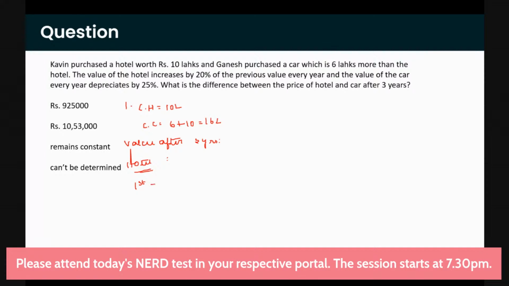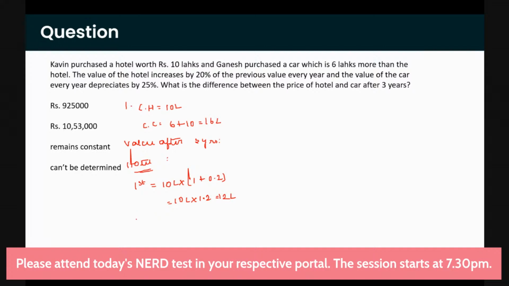Initially the hotel is worth 10 lakhs. How much percent does it increase? 20%. So 1 plus 0.2, which is 10 lakh into 1.2, which is equal to 12 lakh. After 1 year, the price of the hotel increases to 12 lakhs.